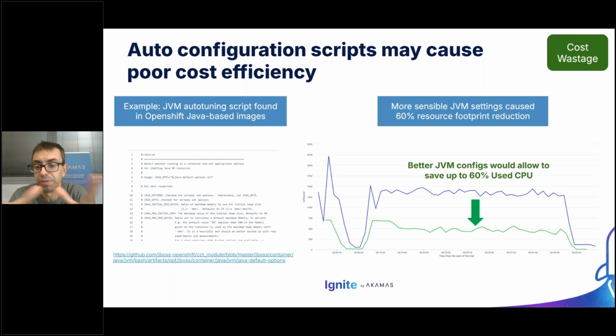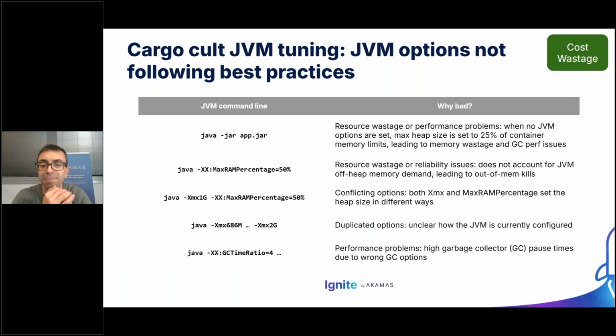In this case, CPU usage was reduced by up to 60%, which is a pretty significant amount just by tuning the configuration. So the configuration may be too biased towards reducing the memory, but you pay for that as an additional cost on the CPU, which at the end of the day brings up the cloud bill. So, as we are going to see, our recommendation is always to review the JVM settings.